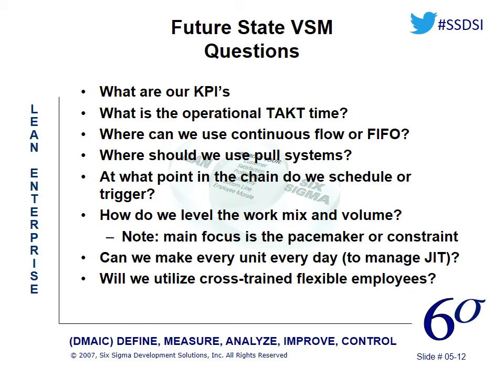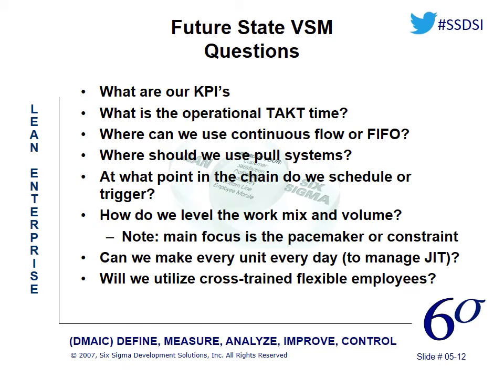Where can we use something like FIFO? FIFO being first in, first out, or continuous flow. And really this goes in conjunction with what's called pull and Kanban, to make sure that we manage our inventory so that it doesn't build up in certain places. Where should we use pull systems?